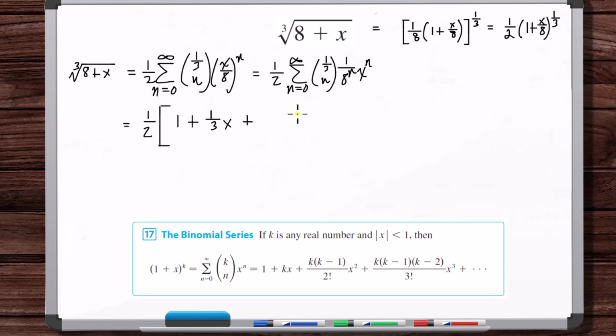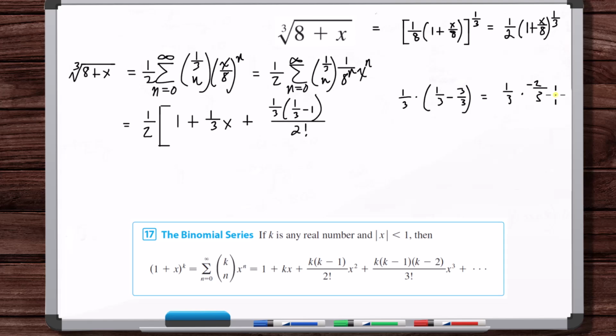When n is equal to 2, you've got 1/3 times 1/3 minus 1 over 2 factorial. And so that's going to be 1/3 times 1/3 minus 3 over 3. So 1/3 times minus 2 over 3.